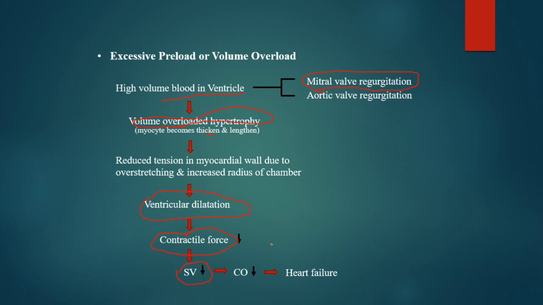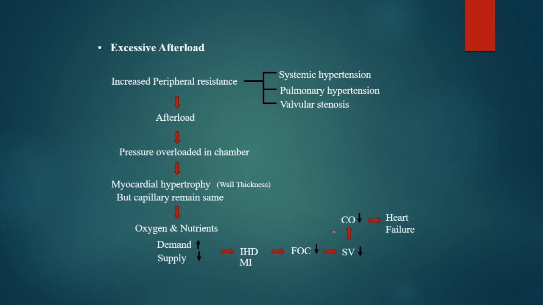Right. Next, third scenario. Suppose a patient developed systemic hypertension. In this case, the TPR will be increased. The TPR will be so high that the ventricular pressure, the chamber pressure, will be overloaded. If the pressure is overloaded, again myocardial hypertrophy will take place.